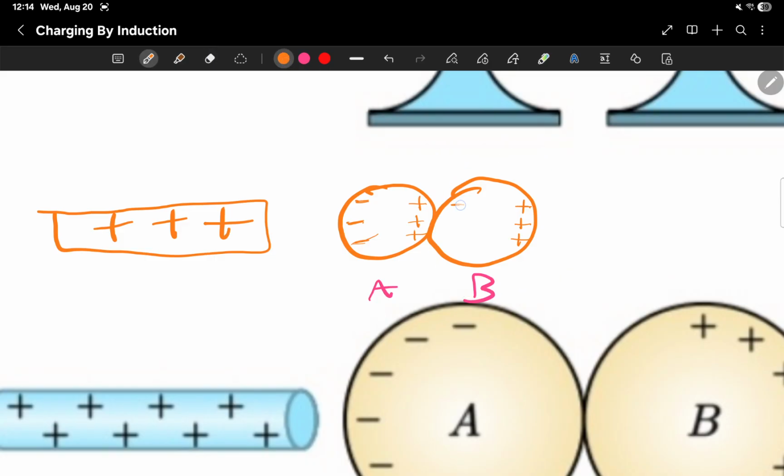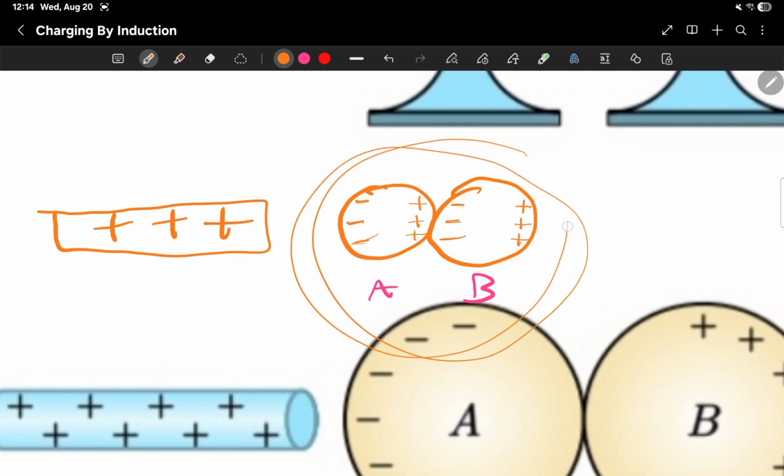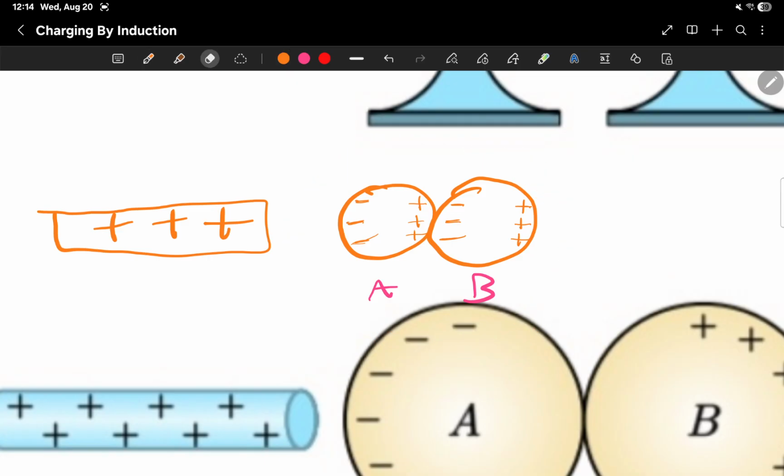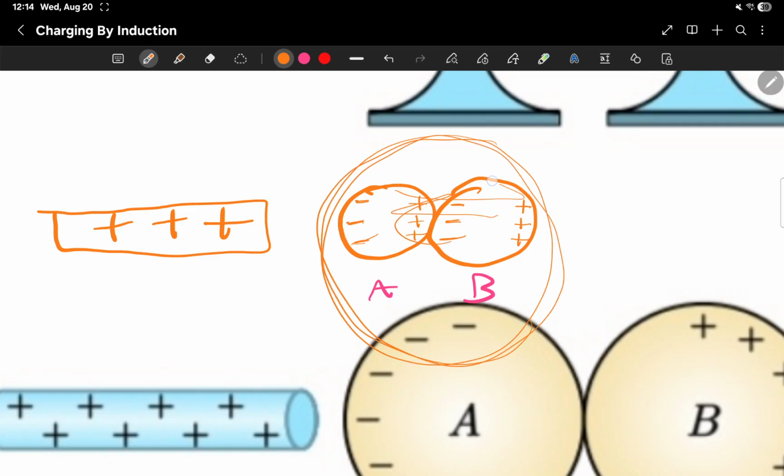So the electrons are going to move closer like this, and these spheres are touching. So now what's going to happen is, since these spheres are touching, electrons can flow between these spheres until they sort of become neutral.